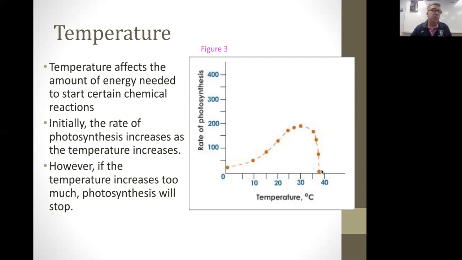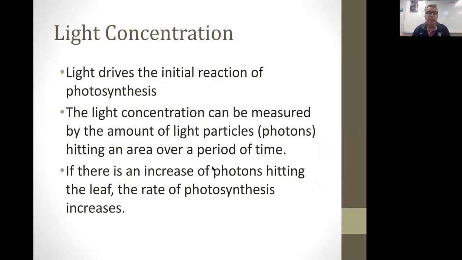And it happens to us too. If we get too hot for too long a period of time, our chemical reactions will stop, and eventually that can kill us, right? So it does actually go to zero. It will kill the plant and the chemical reactions will not take place.